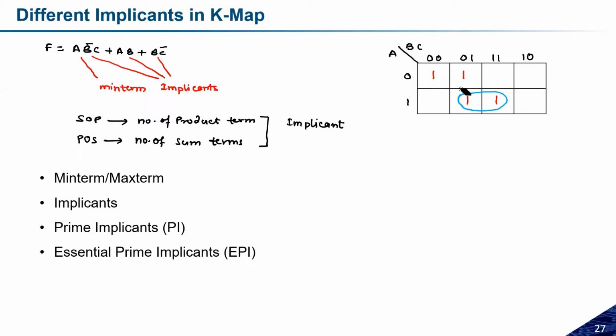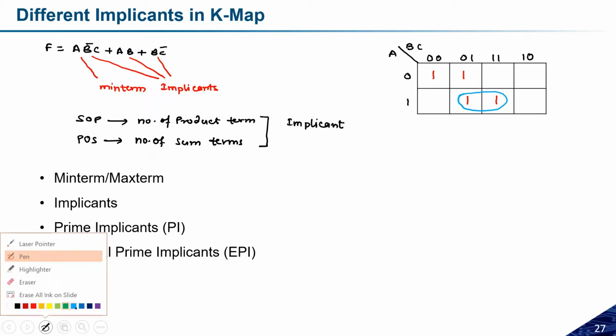Suppose I have removed this one. It is not possible, even though I have made one pair over here, I'm not able to pair all the ones. All the ones are not in the group, so I need to make one more pair over here. This pair is mandatory, but if I try to remove this one, still all the ones are considered. So how do we decide which are the prime implicants and which are the essential prime implicants?